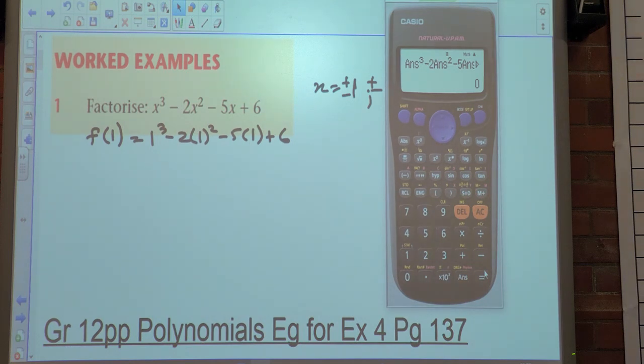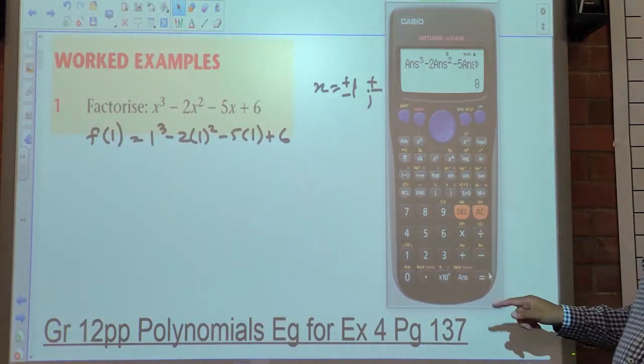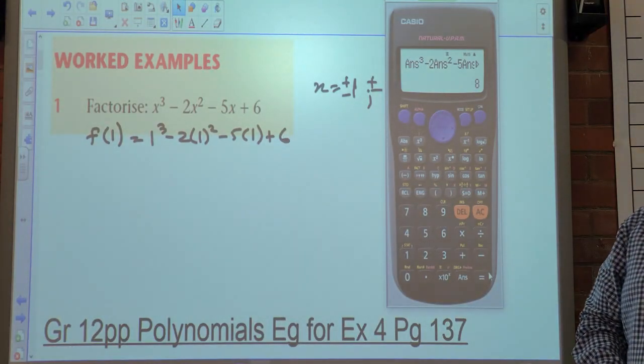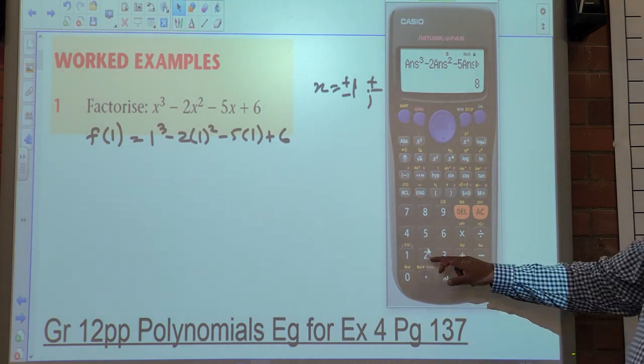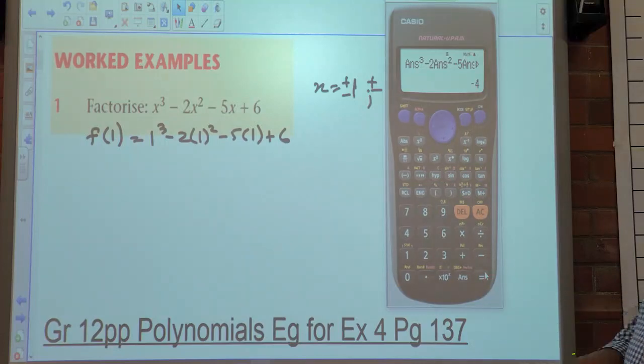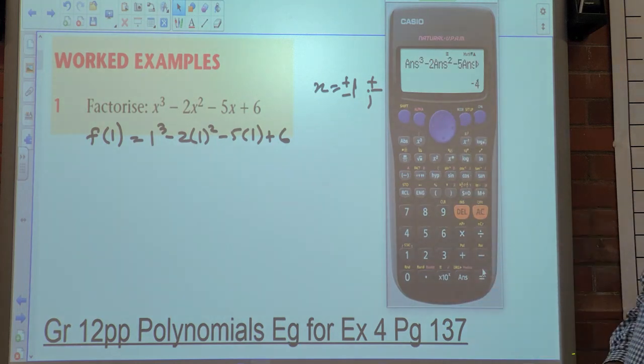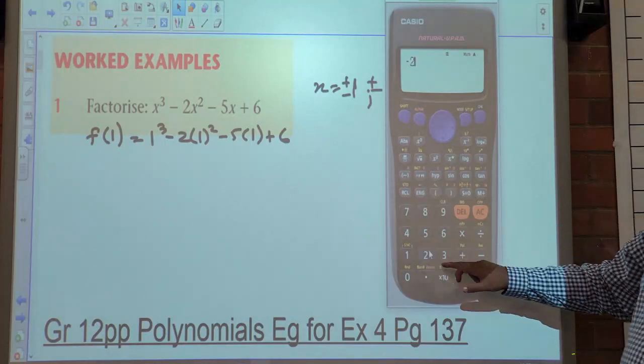What if I had started with minus 1? Would that have been a factor? The answer is no. What if I had gone with 2? If I substitute 2 for x, would that have been a factor? No. What if I had gone with minus 2? Is that a factor? Yes. Minus 2 would have been a factor.